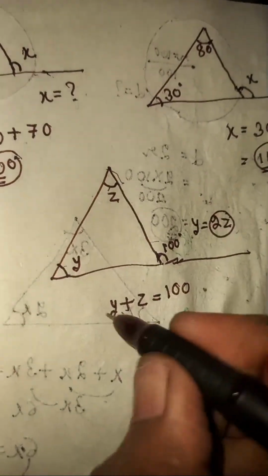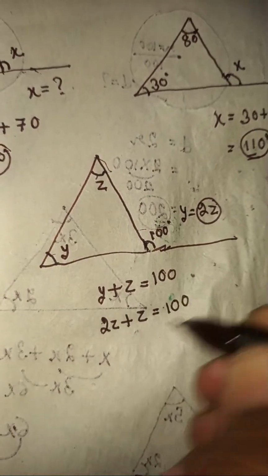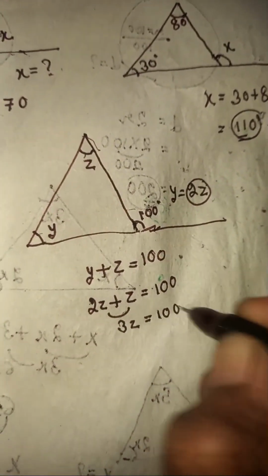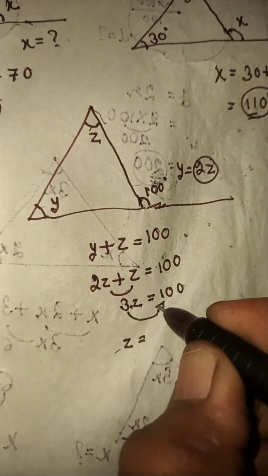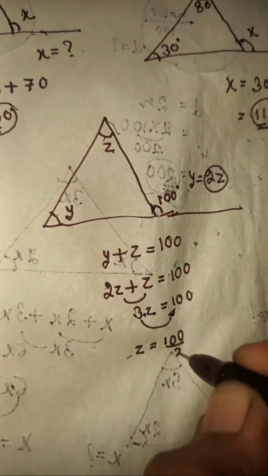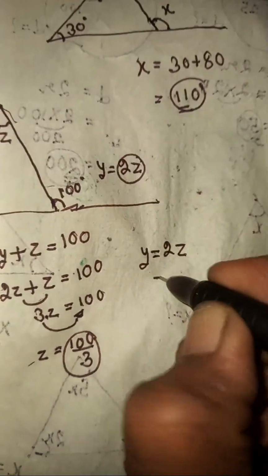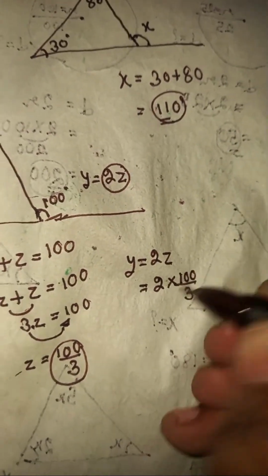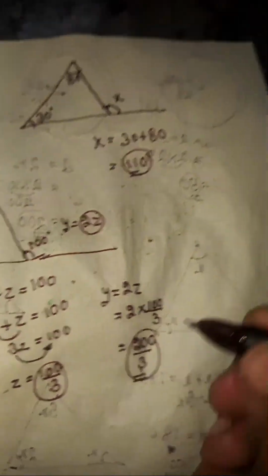So you can write the y value as 2z plus z equals 100 degrees. 2z plus z is 3z. 3z equals 100 degrees and the z value is, this 3 goes there, comes in the denominator, 100 by 3. Now you can find the value of y. y is equal to 2z, so you can write it as 2 times 100 by 3. 2 times 100 is 200 by 3, which is the value of y.